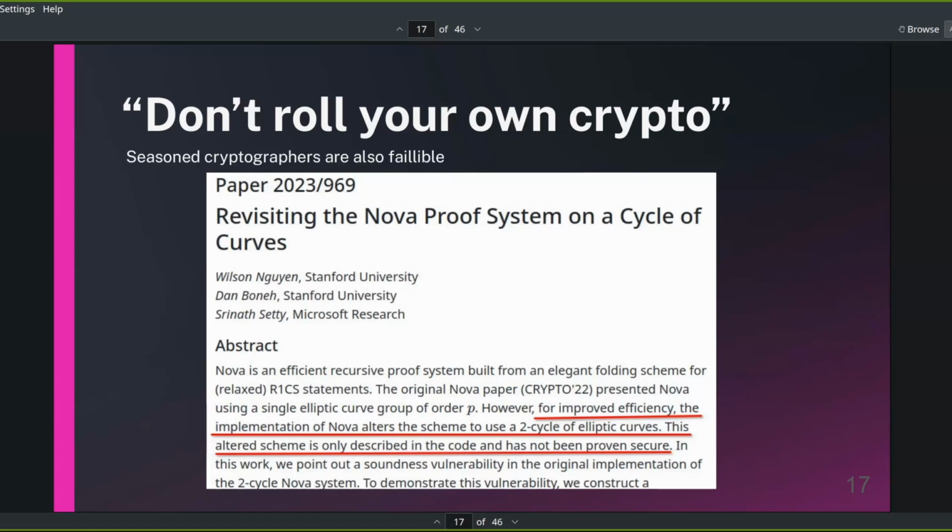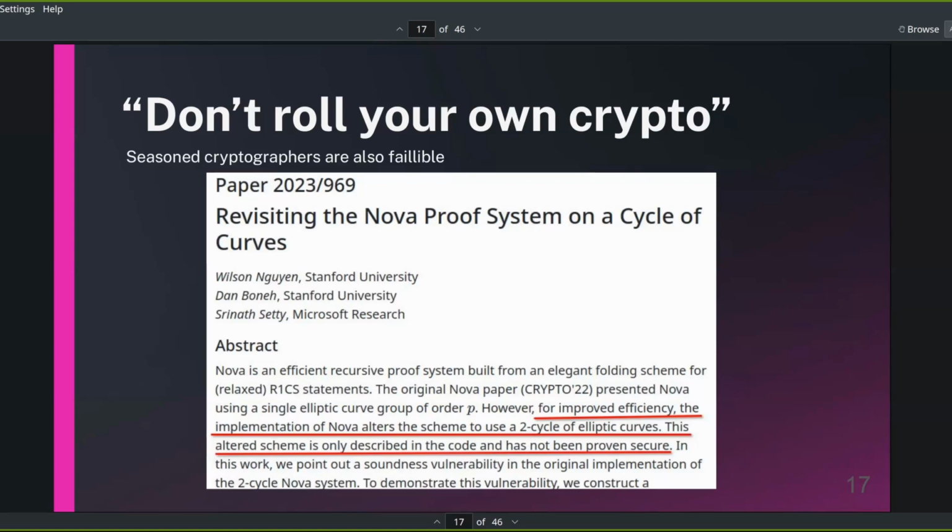And for further optimizations, the implementation of Nova, which was formally described and also reviewed for normal elliptic curves, was changed to a 2-cycle of elliptic curves. I won't go into the detail of what a 2-cycle curve is. You can search for the announcement of the Pasta curves by Zcash, but it helped for efficiency a lot.